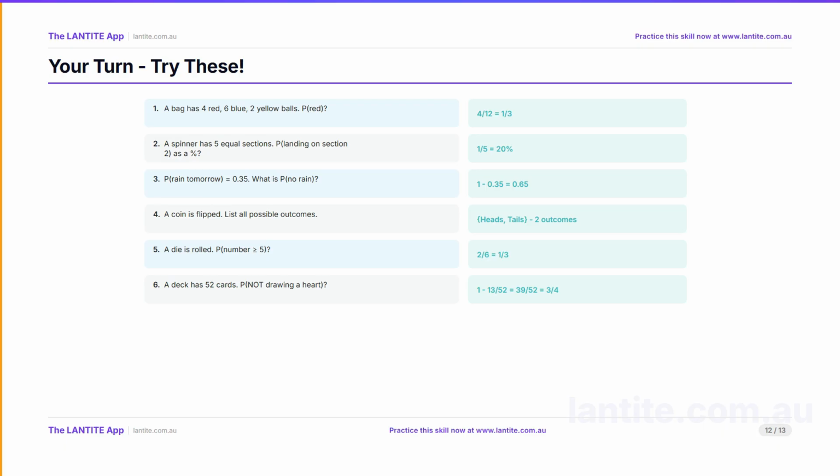If the probability of rain tomorrow is 0.35, what is the probability of no rain? Problem 4. A standard die is rolled. What is the probability of a number greater than or equal to 5 as a simplified fraction? Problem 5. A standard deck has 52 cards. What is the probability of not drawing a heart as a simplified fraction? Check your answers when you are ready.